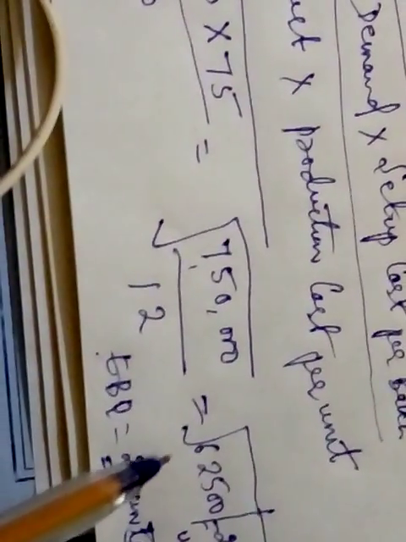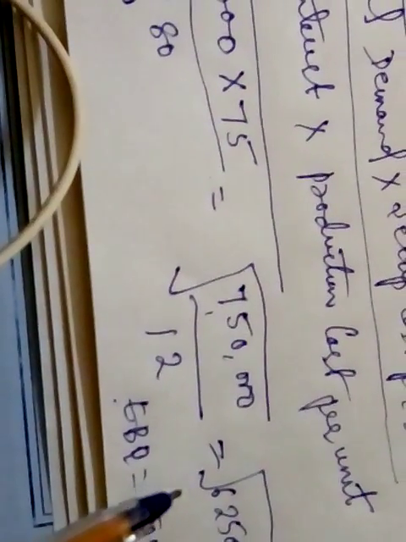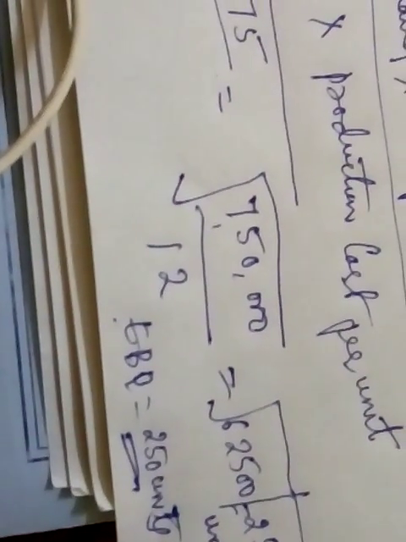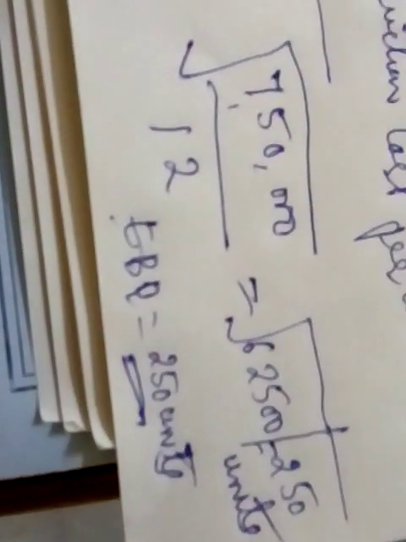Then considering this 7,50,000 divided by 12, we have to take root of it as it is. This comes to 62,500. So when the root is removed, this comes to 250 units. So economic batch quantity here is 250 units.